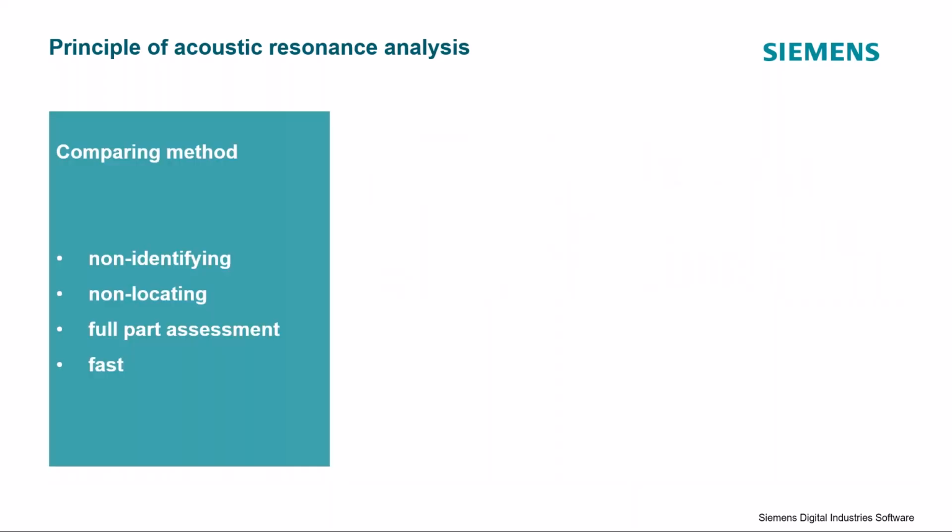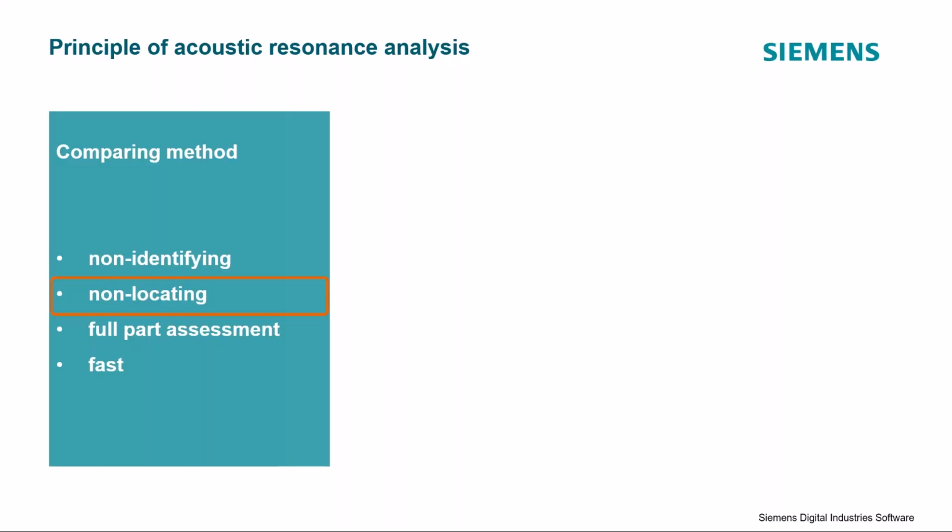This method is a non-identifying method. Well, sounds bad. Well, it cannot tell you which kind of defect it is. Some of our users can, but it's from their practical experience. They know the defect pattern or how it shows up in the spectrum, and then they know, it's again the typical defect with which we fight. Then it's non-locating.